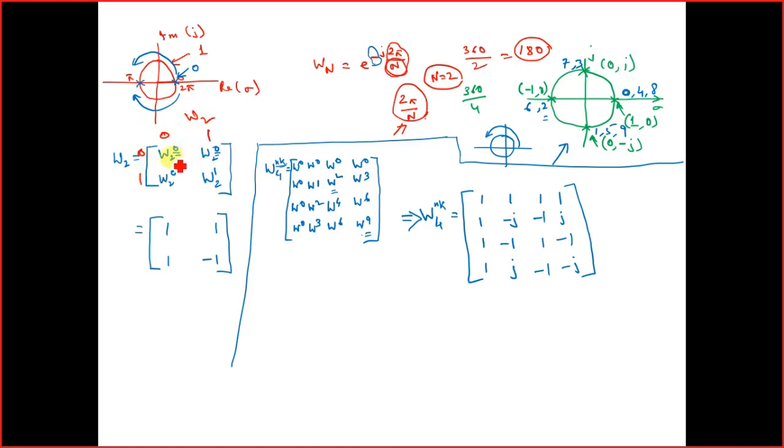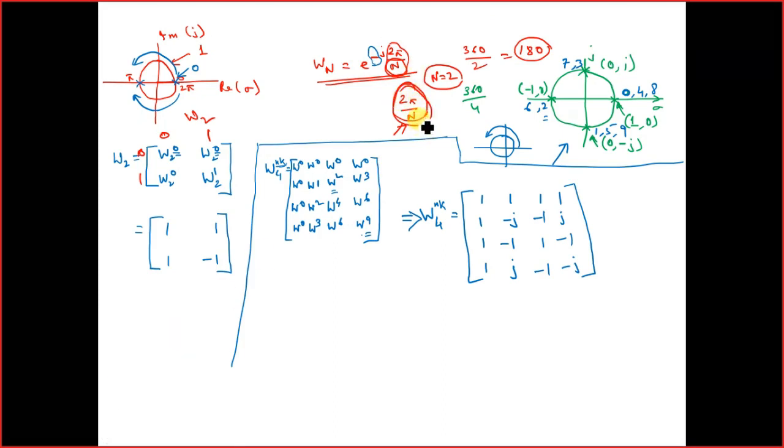So first we will be having W_2^0, W_2^0, W_2^0 and W_2^1. And if you look over here, what we are saying is we are having a factor e to the power minus j 2 pi by N. If we consider this 2 pi by N over here, so let me take this black here.